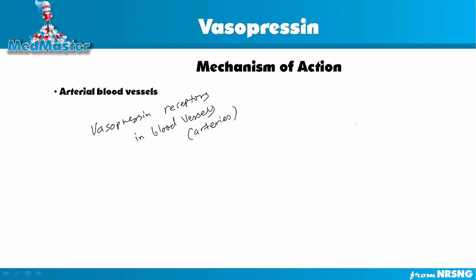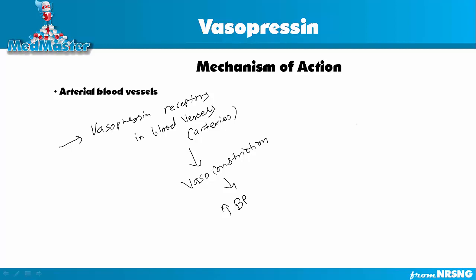So when vasopressin gets secreted from the hypothalamus, especially the posterior pituitary gland, it goes and binds to this vasopressin receptor on our blood vessels, arteries, and it causes vasoconstriction. And that's going to increase blood pressure as well.